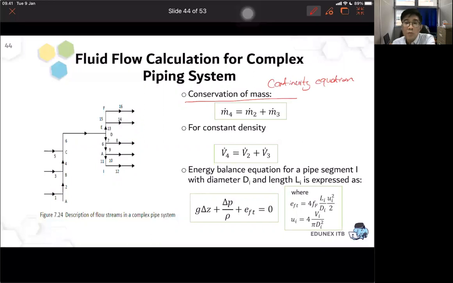The total mass flow rate will remain the same. So if you have one pipe divided into two pipes, then the total mass flow rate in the two pipes should be the same as the mass flow rate in the first pipe, like this one.